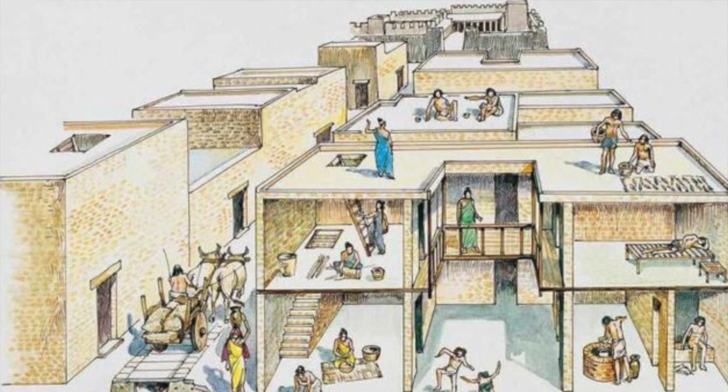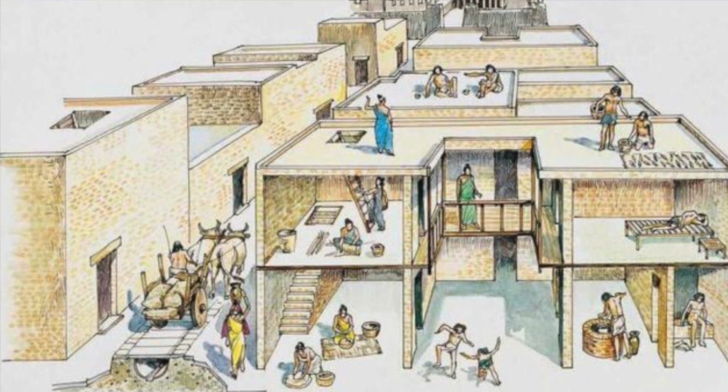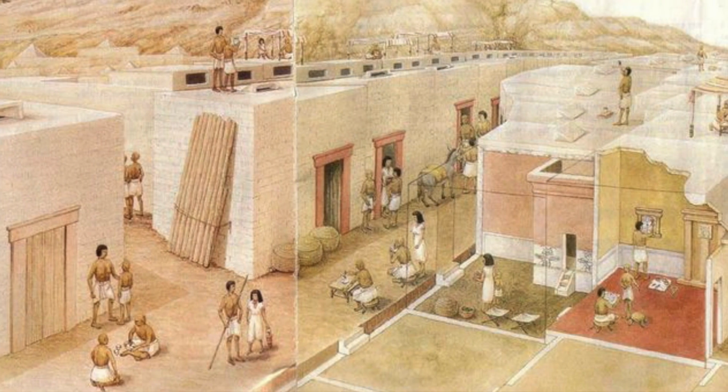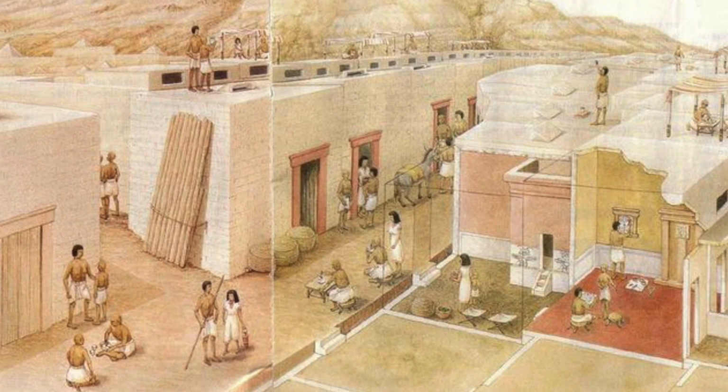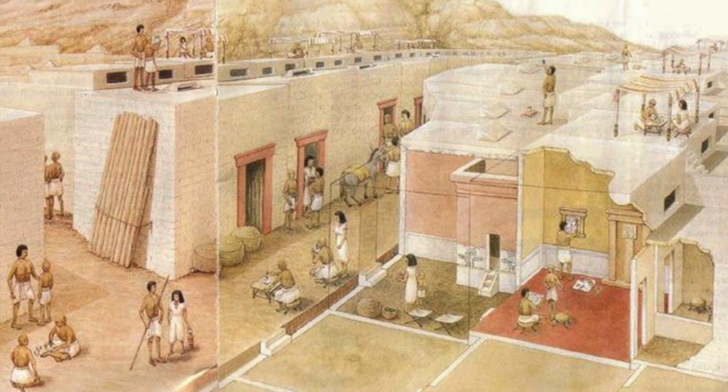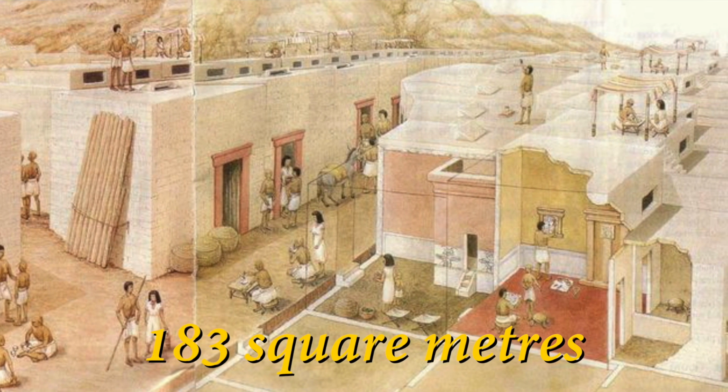Even if we compare the size of the largest house and the smallest house, this difference is quite insignificant. For example, in the case of Mohenjo-daro, we find that the smallest house has an area of 97 square meters, whereas the five largest houses of Mohenjo-daro have an average area of 183 square meters.